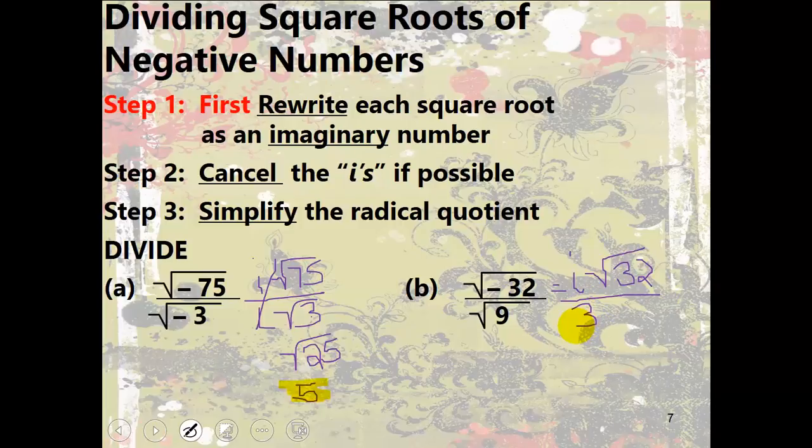I'm going to use prime factoring, and I'm going to divide by 2, and I get 16, and I see that that's 4 and 4. 16 is a perfect, so I have a pair. So I get 4i times the square root of 2 over 3. And that's as simple as it gets.